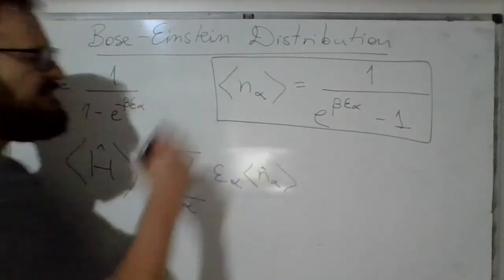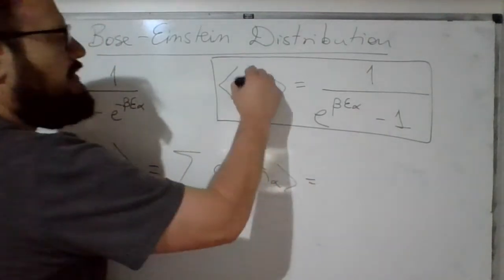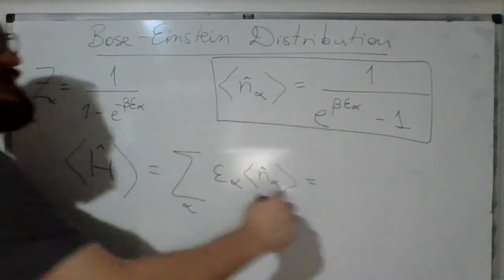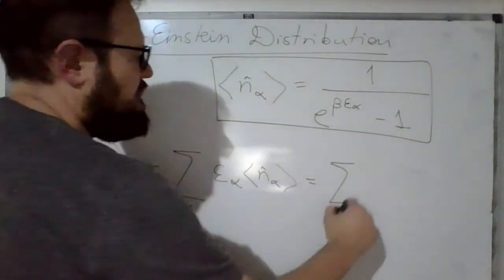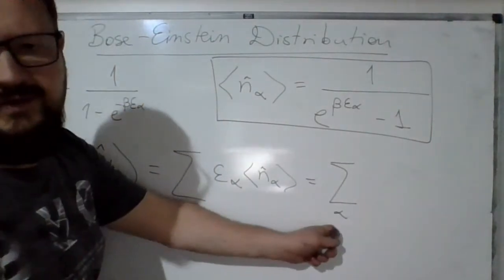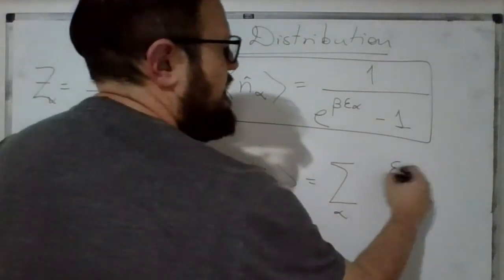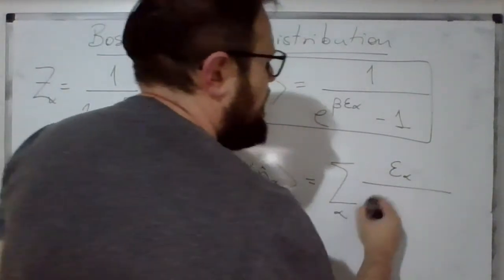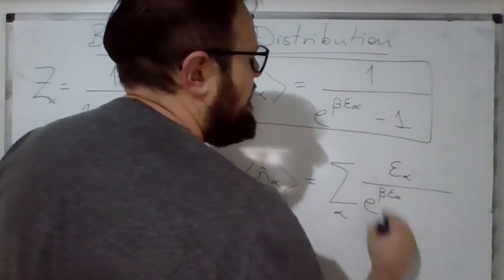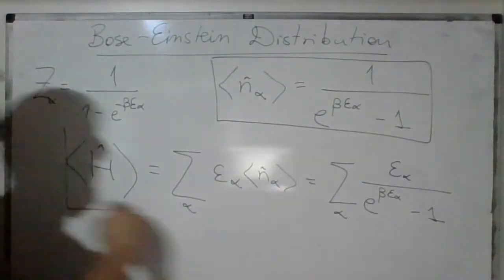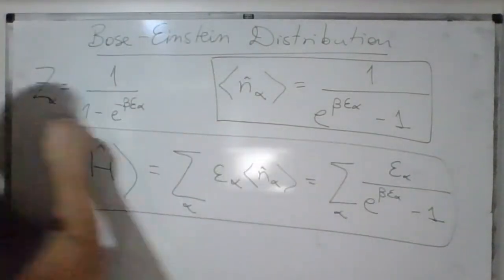This is the average of the occupation number. It is an operator, so the average is this function here. So you have a summation over alpha, which corresponds to a set of quantum numbers, e alpha divided by exponential of beta e alpha minus 1. This is the energy average of your system.